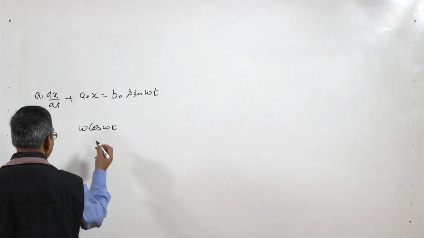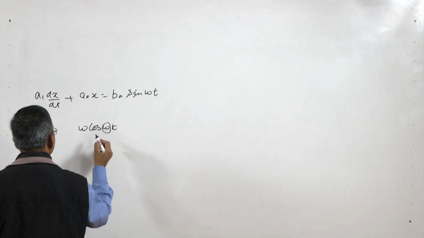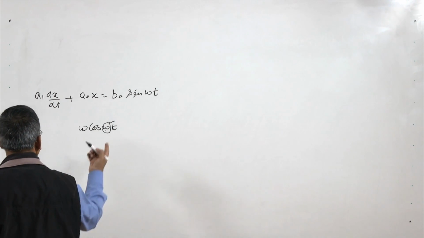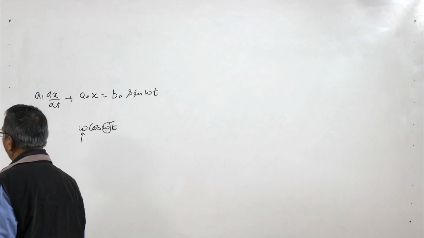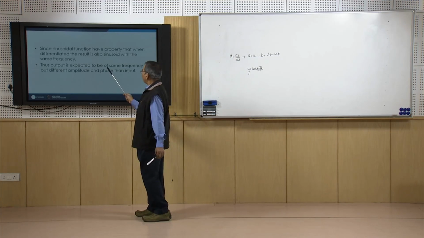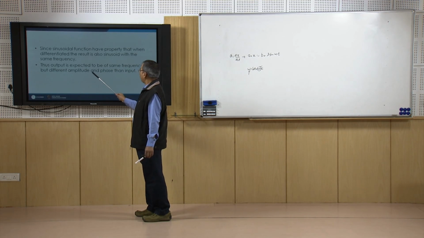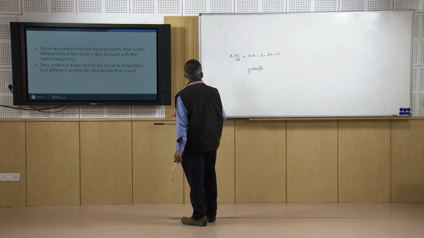So, you can see that this differentiation also has the same frequency as that of the input. Of course, the amplitude has been changed. Thus, the output is expected to be of the same frequency, but of different amplitude and phase than the input.